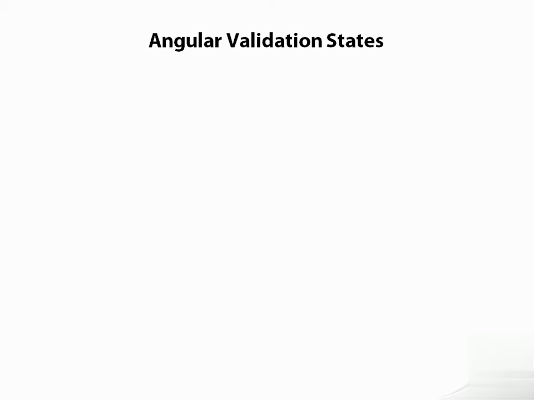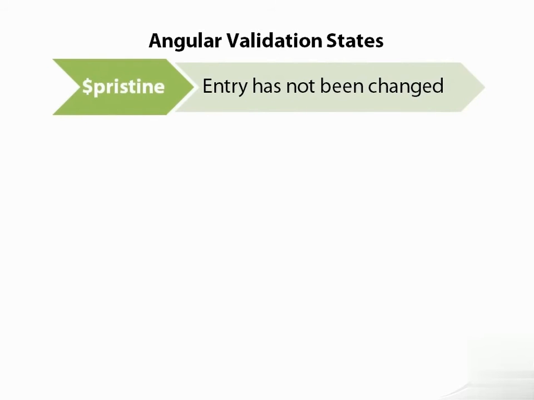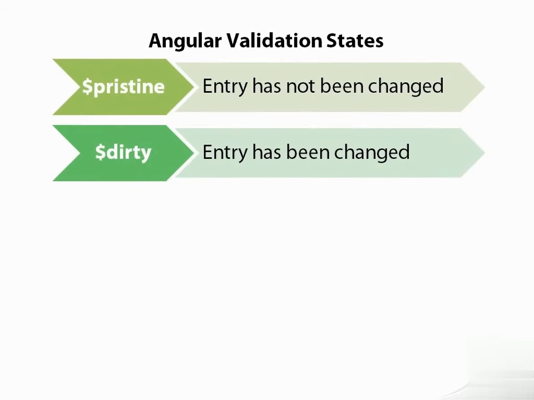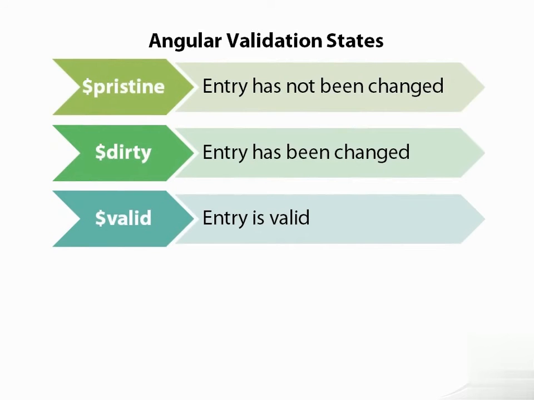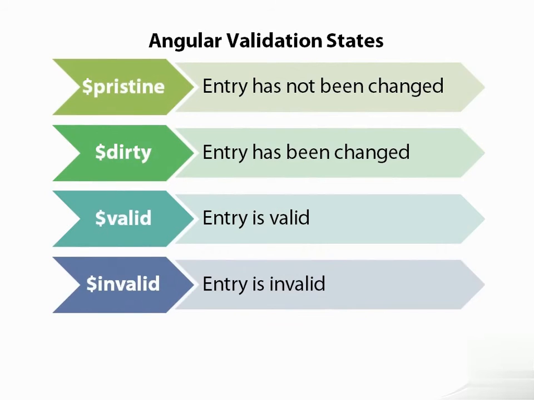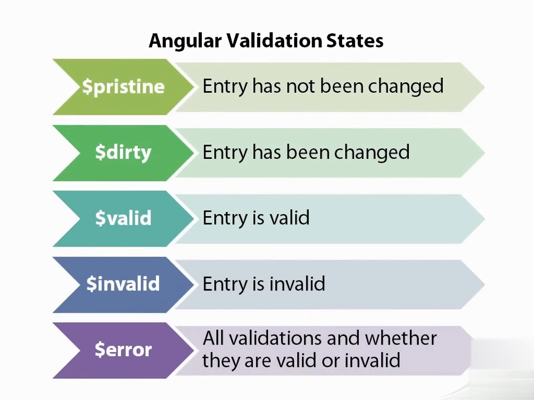Angular provides a predefined set of validation states. $pristine identifies that the entry has not been changed. $dirty specifies that the entry has been changed. $valid specifies that the entry is valid based on any defined validation for the element. $invalid specifies that the entry is invalid based on the defined validation for the element. And $error gives you the list of all validations on the element and whether they are valid or invalid.